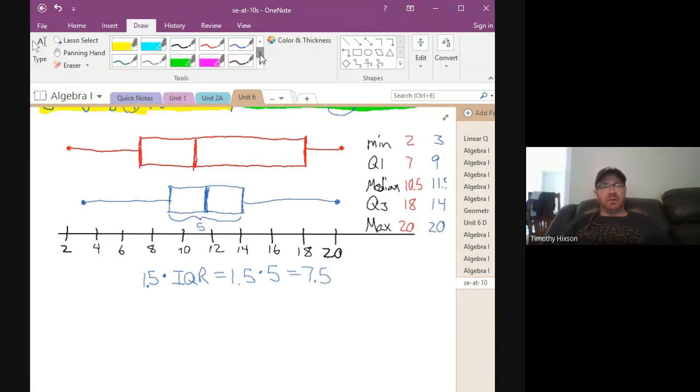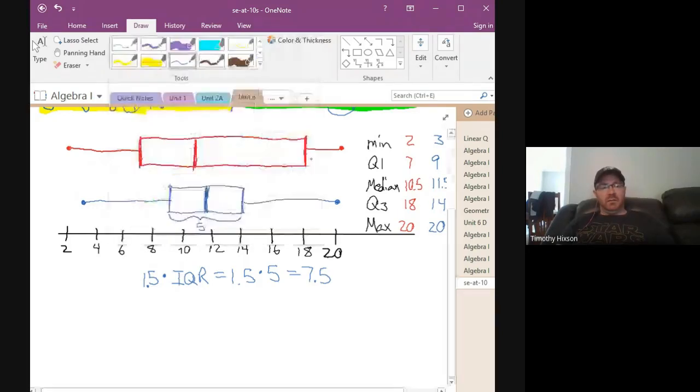All right, so if you recall, we were finding the fence on the left and on the right. On the left side, remember we use Q1, which is 9, and from 9 we subtract the 1.5 times the IQR, which is 7.5, and here we get 1.5. So notice 1.5 is right here.